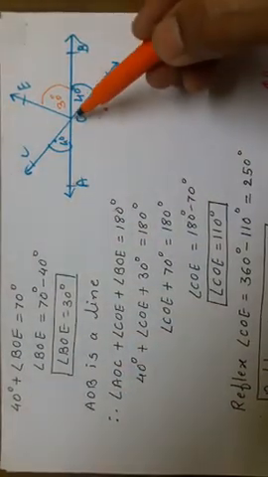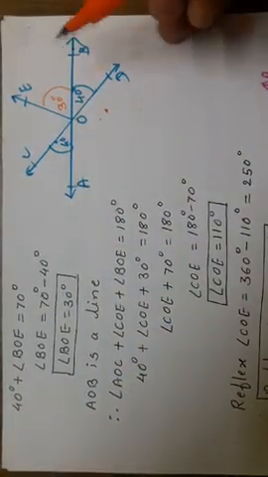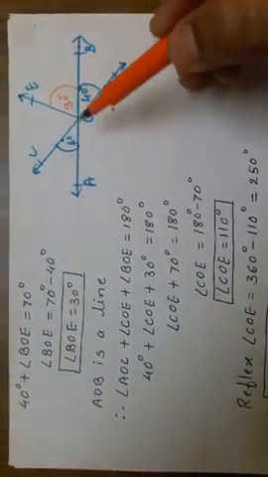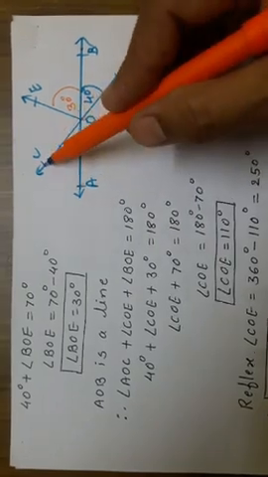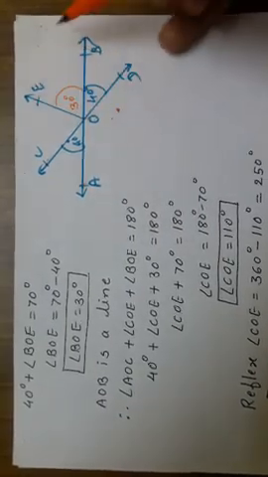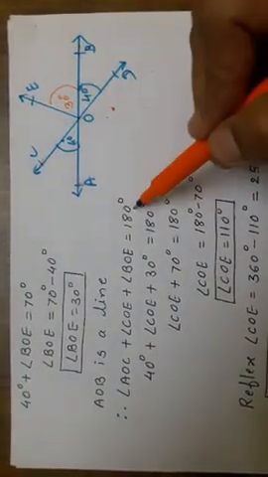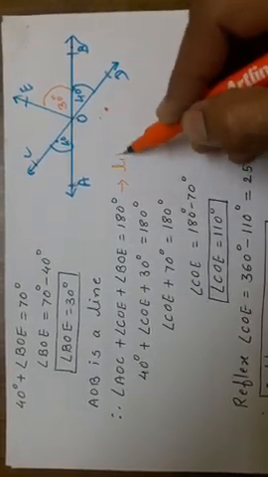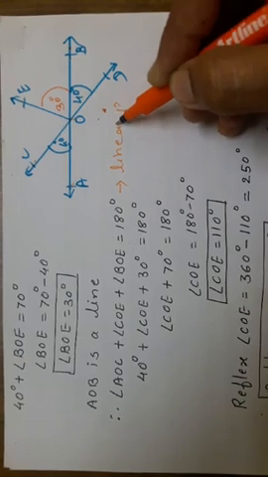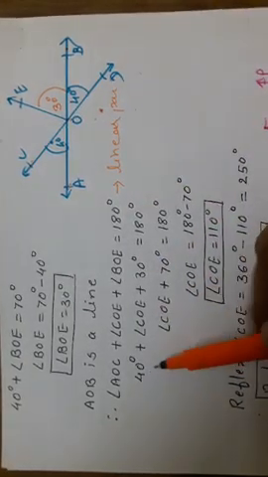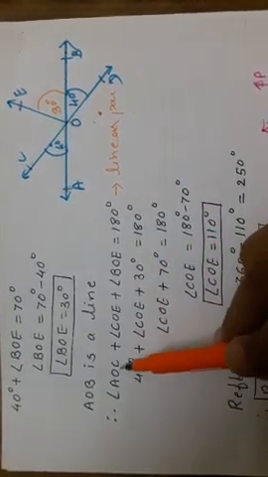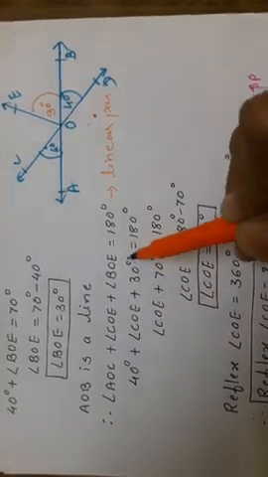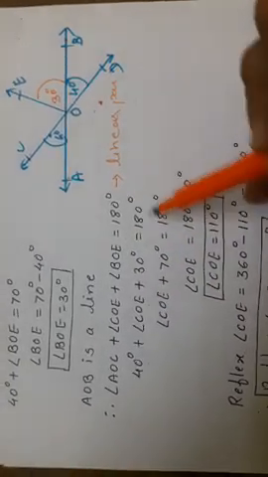Now AOB is a line. When it is a line, then we can say AOC, COE and BOE is equal to 180 degrees because of the linear pair. So out of this I have AOC 40 degrees, COE don't know, plus 30 degrees which is equal to 180 degrees.